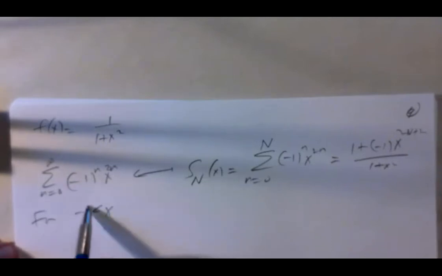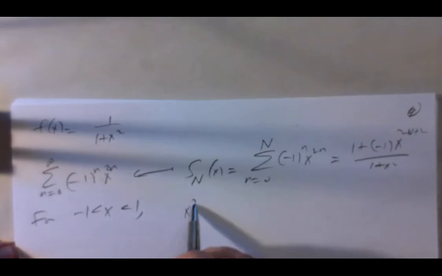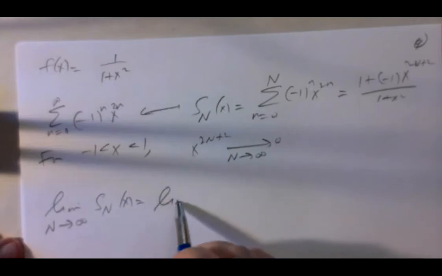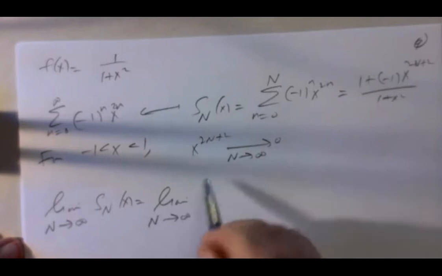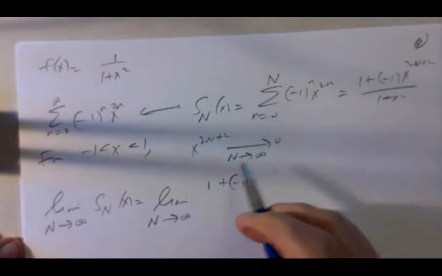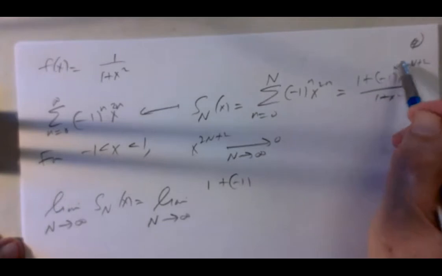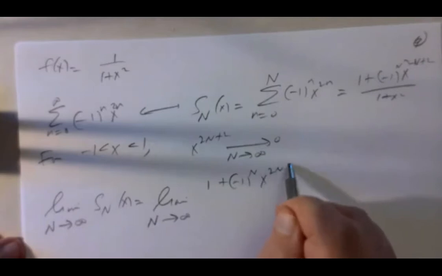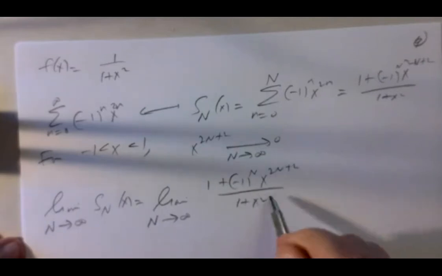And for x between -1 and +1, x to the 2n plus 2 goes to 0 as n goes to infinity, right? So the limit as n goes to infinity of Sn of x is the limit as n goes to infinity, 1 plus minus 1 to the n, x to the 2n plus 2 over 1 plus x squared.